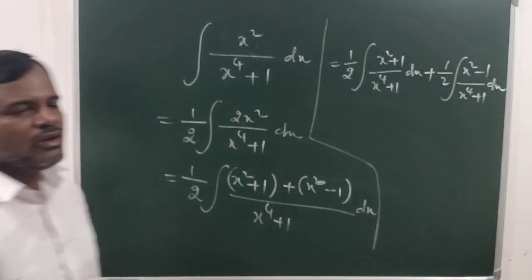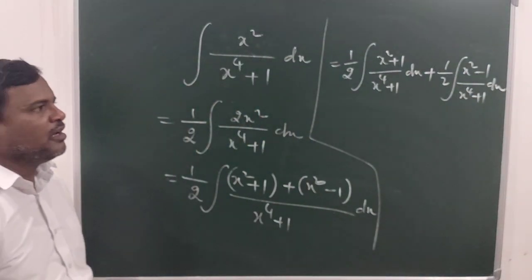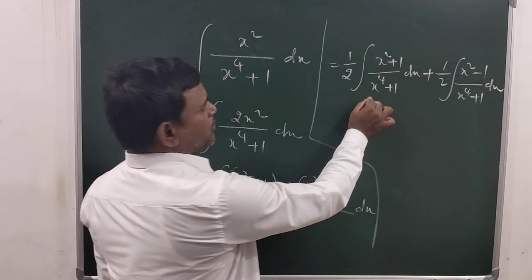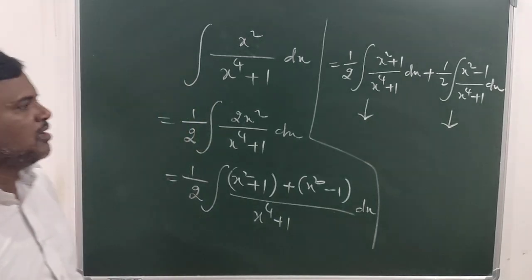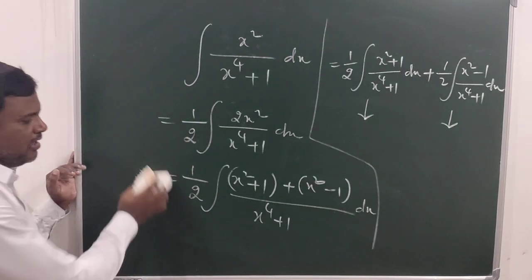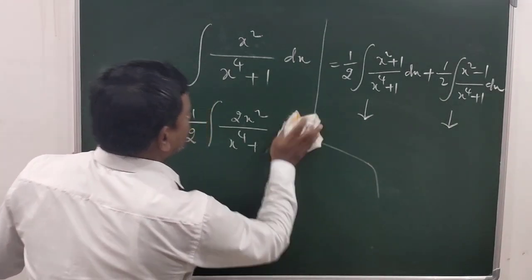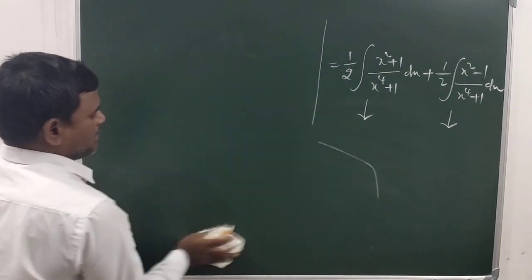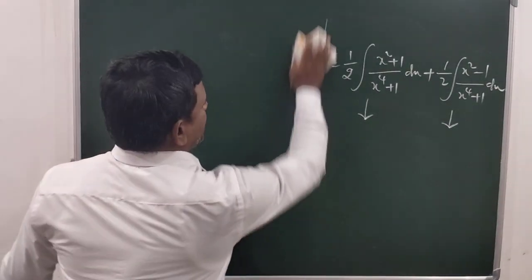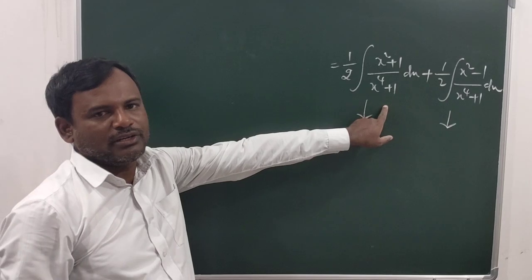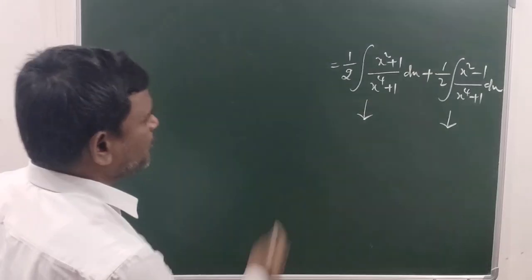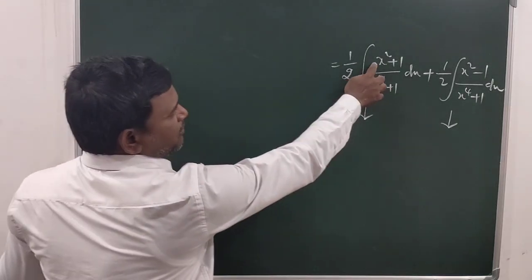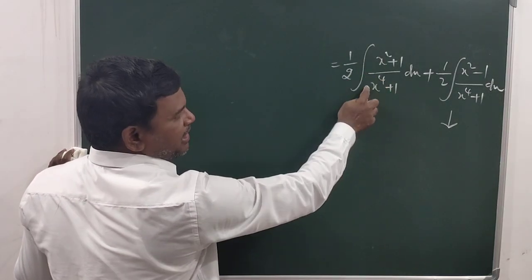Okay students, and you know how to evaluate this integral and how to evaluate that integral. In the first application of this class, I taught you how to evaluate it, and this one also you know how to evaluate. If you want, again I can do. See, in this one what you have to take common? x square common, here x square common.